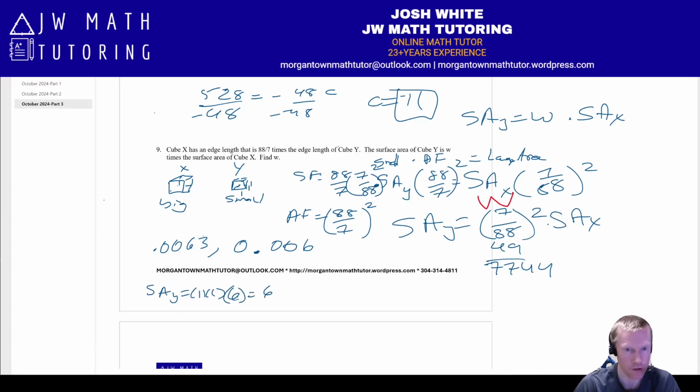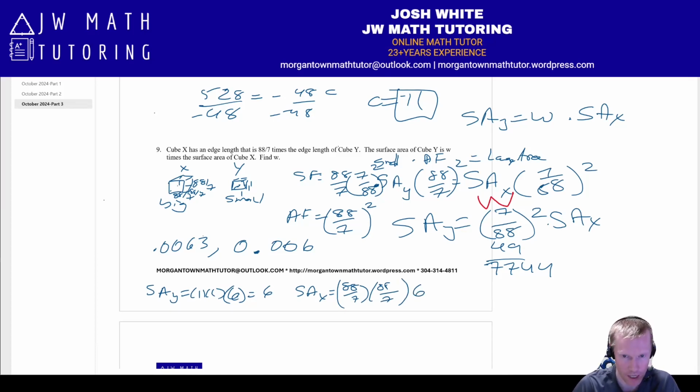So total surface area for y is going to be 6. It means the sides in cube x are all going to be 88/7. So the surface area of x is 88/7 times 88/7, and then times 6.